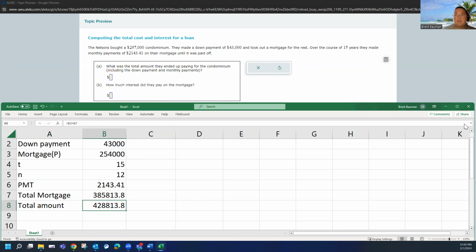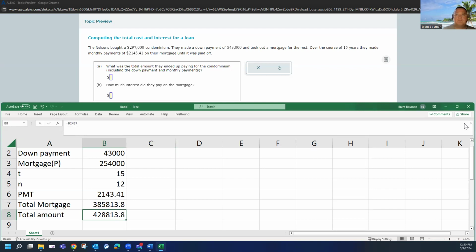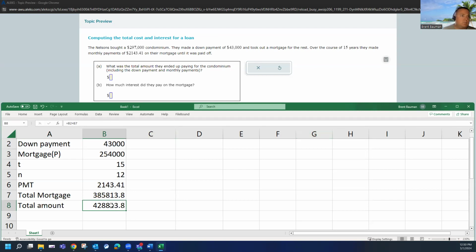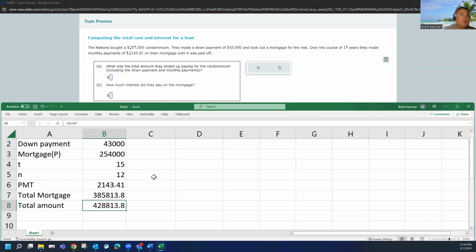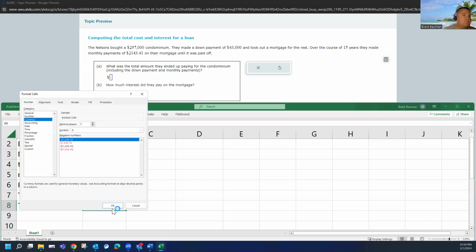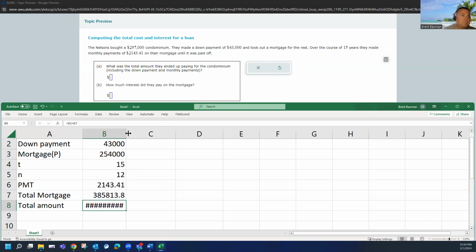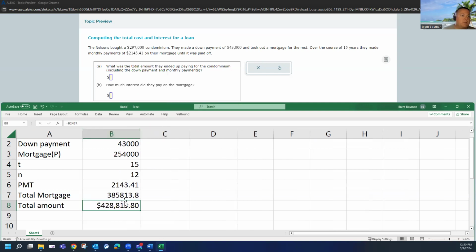So we can go ahead and format this into currency. I might need to spread it out a little bit. There we go. Okay, so you can see this is going to be the total amount paid. We have the total amount for the mortgage with the monthly payments times the number of years in the months.